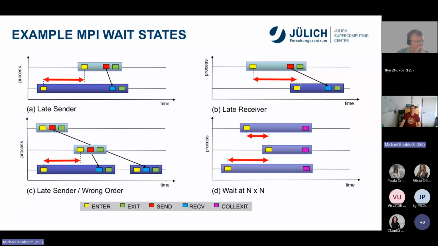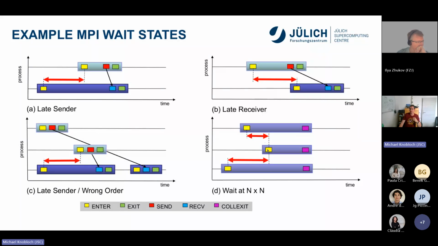Right. So those are the point-to-point patterns. Basically, we can do it a bit more complicated. So we can look for messages that are sent in the wrong order, where we could actually save some time by sending messages in a different order. But this also works for collective communication. So for example, here at an N-by-N collective, where all the processes synchronize, the process that enters that collective last basically determines the wait time for all the other processes.